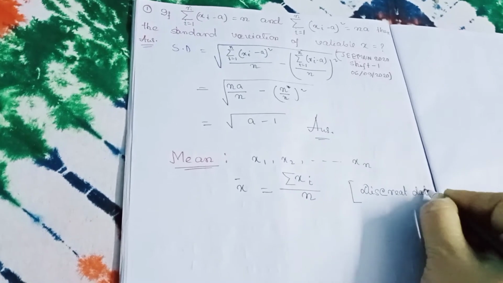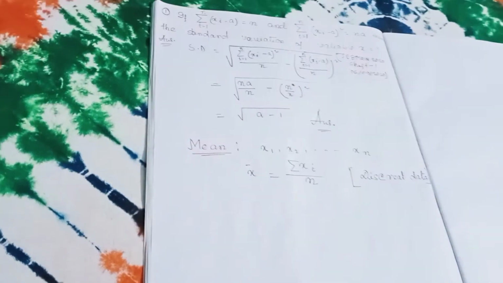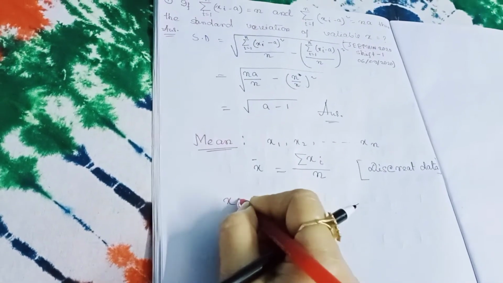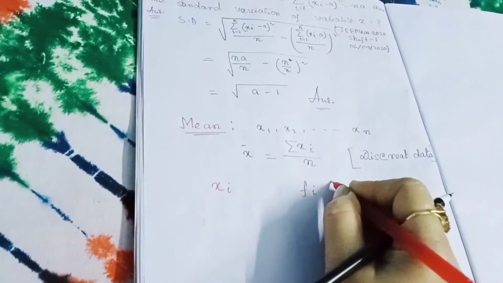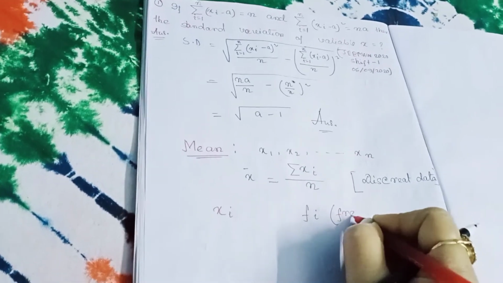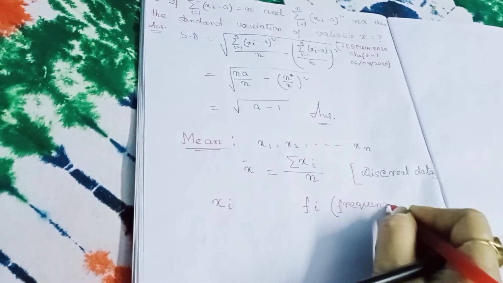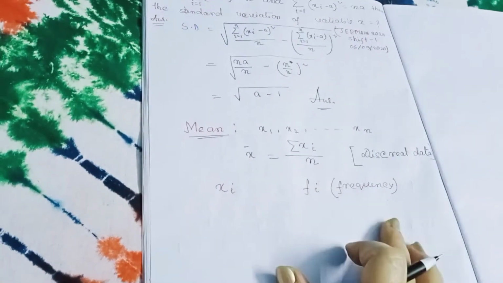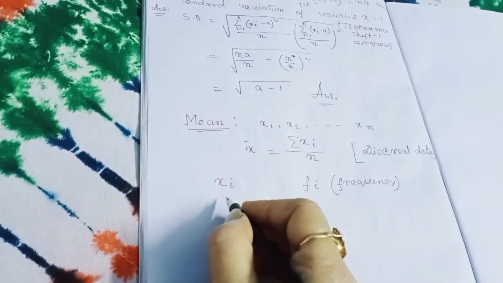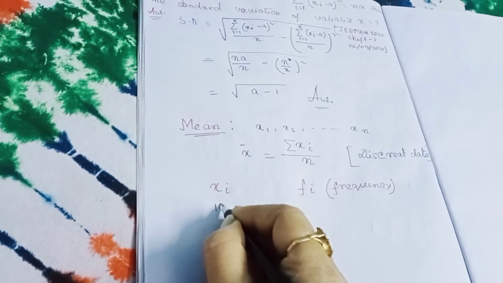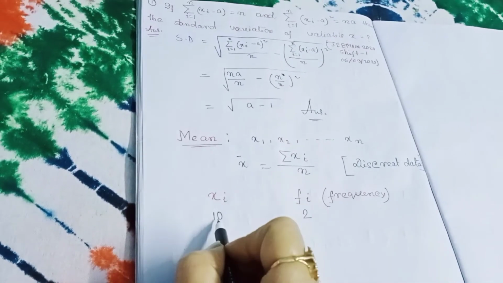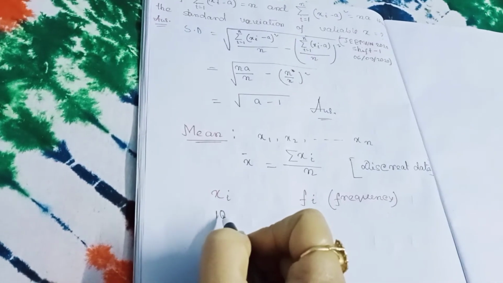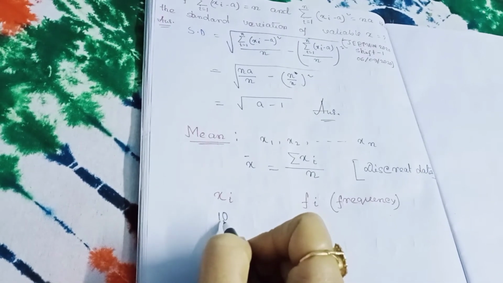But when we take the frequencies, suppose xi is the observation and fi is the frequency. Suppose the number of students who achieve 10 marks in an examination is 2. So 2 is the frequency here, and the marks the students achieve is 10.